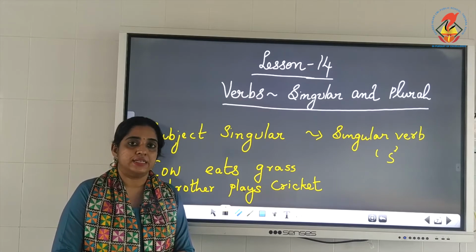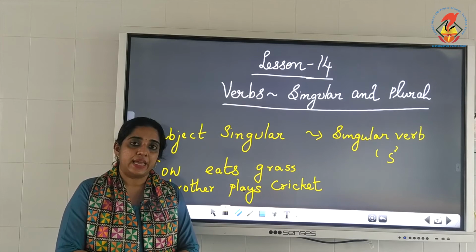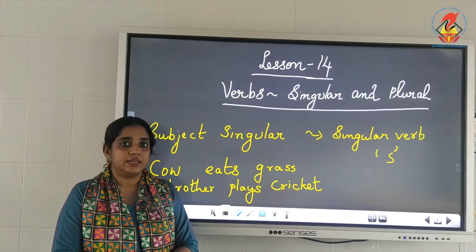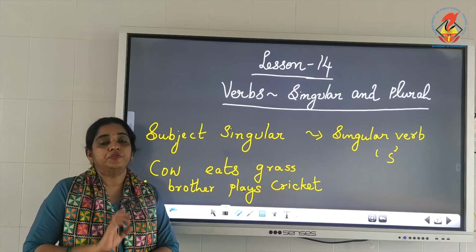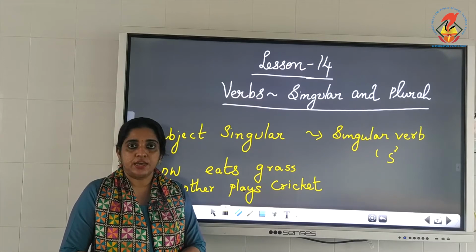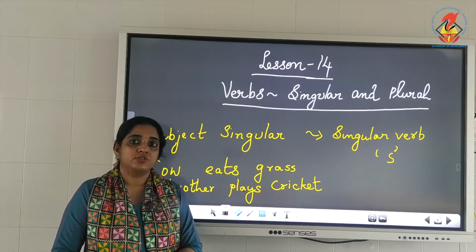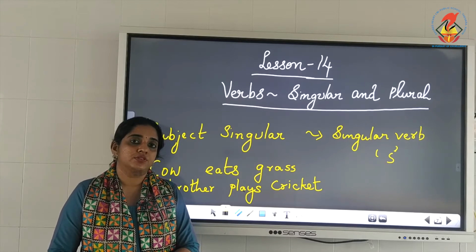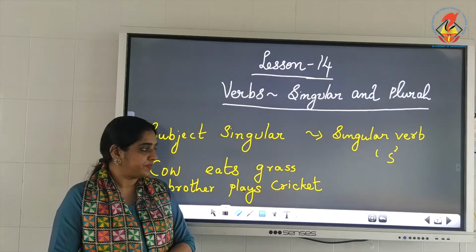Sings, plays, cooks. You can see one s at the end. Some verbs will have s or es forms also. So what is the first rule that we studied? If the subject is singular, the verb will also be singular, which means the verb will have s at the end.